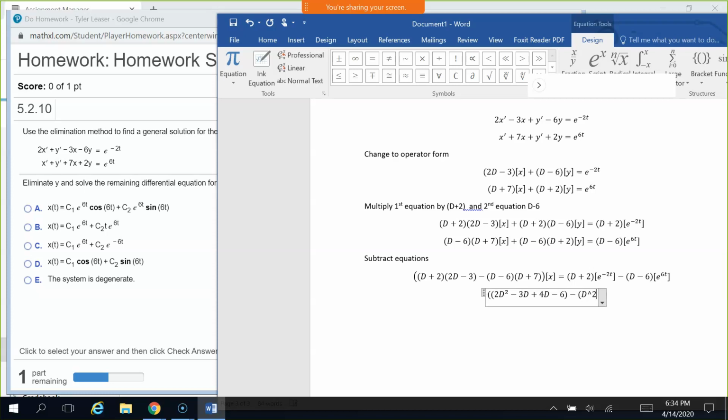Be careful of that negative sign there too. I'll go ahead and combine like terms while we're at it.